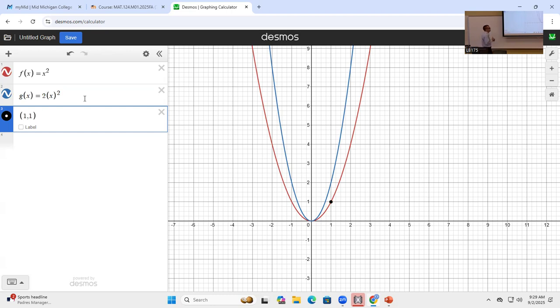When we talk about vertically stretched, that point (1, 1), vertically stretched by 2, becomes the point (1, 2). So vertical stretch means we're taking every point that we used to have and multiplying the y value by, in this case, 2.